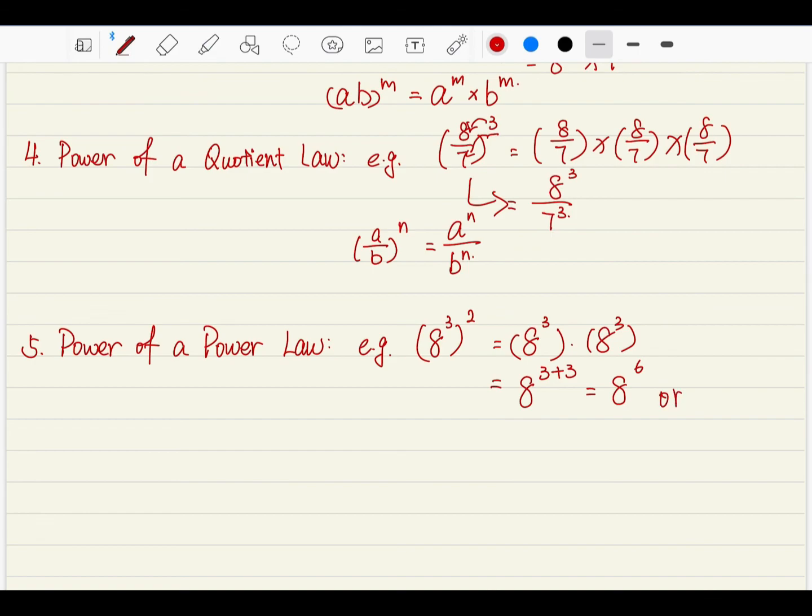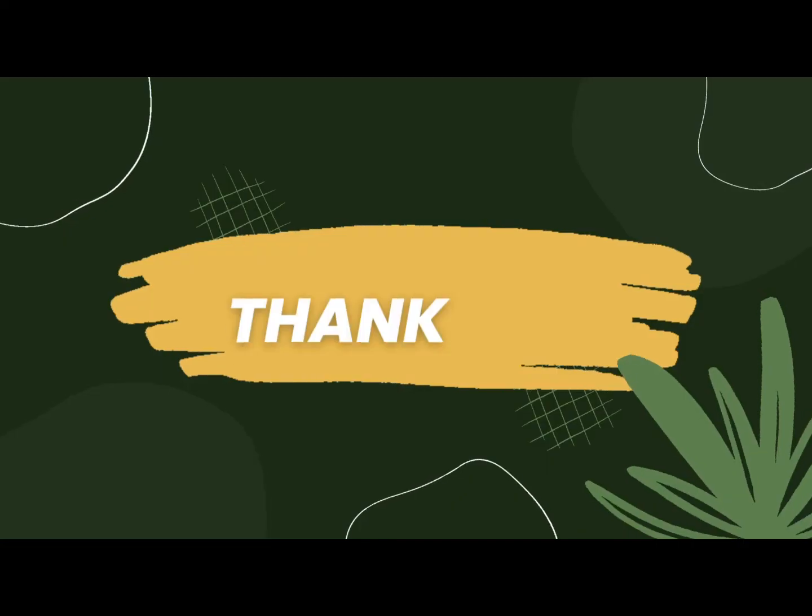Or we can rewrite it as 8 to the 2 times 3. So the law is a to the mth power to the nth power equals a to the m times n power.